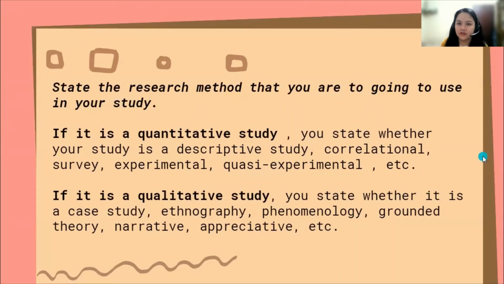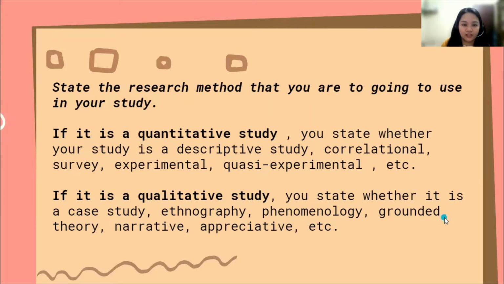So, the first thing that you're going to do is state the research method that you are going to use. If your study is quantitative, you state whether your study is a descriptive study, correlational, survey, experimental, or quasi-experimental, etc. Okay?